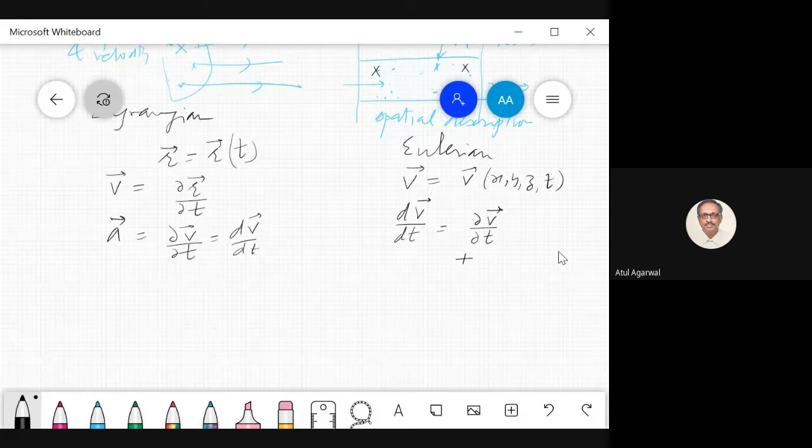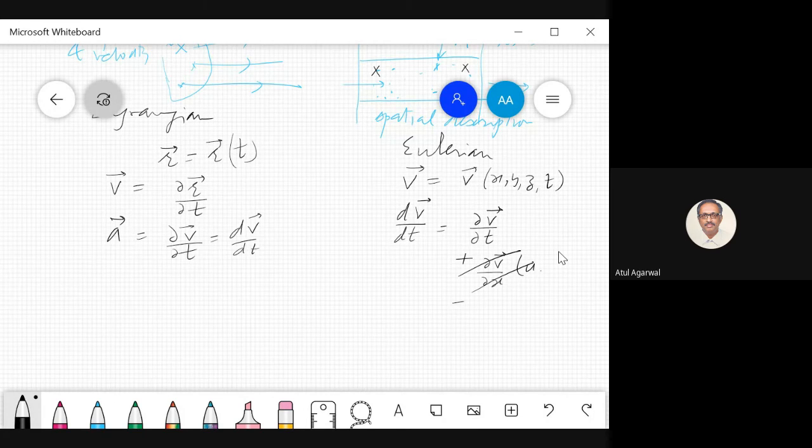Now see, velocity is changing with position. Okay, I'll tell you, not this way. Now we want to find, how do we find derivatives?